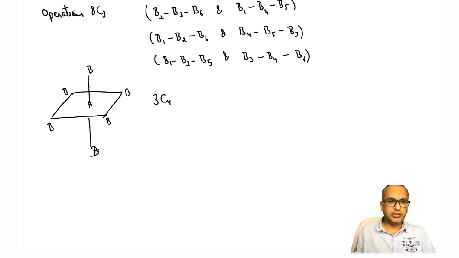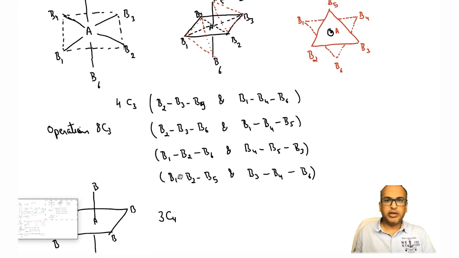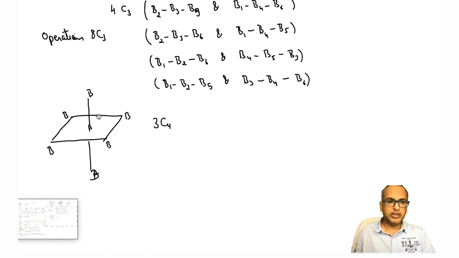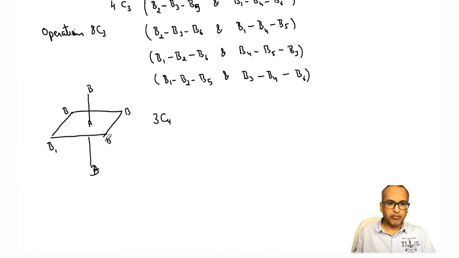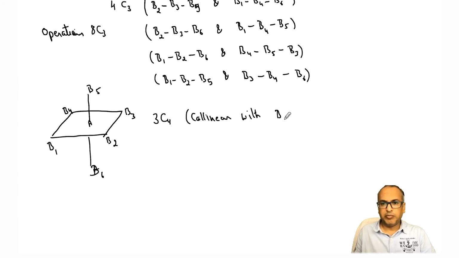Right. So let's keep the same nomenclature: 1, 2, 3, 4, 5, 6. So this is the one which is collinear with B5, A, B6.